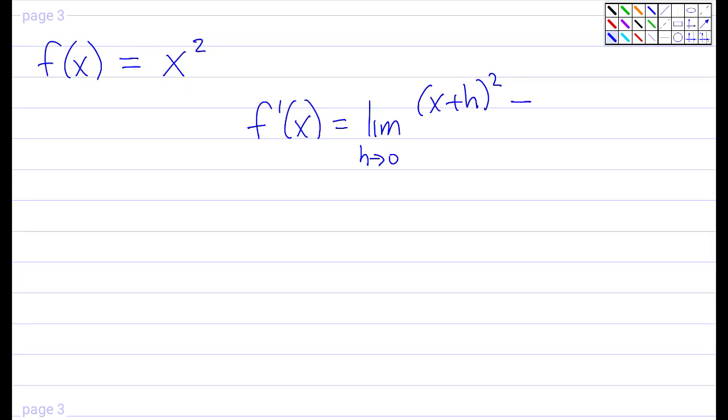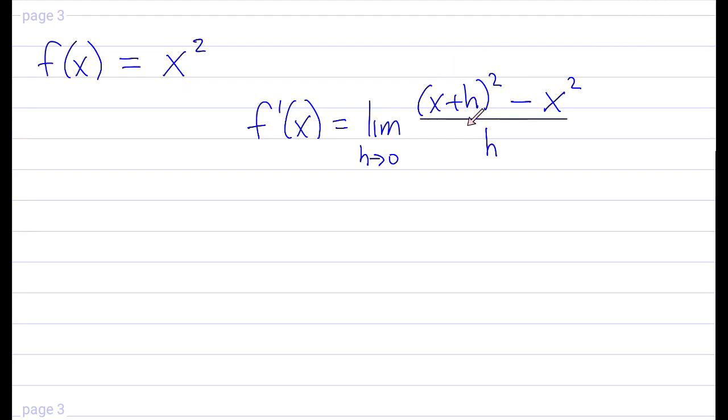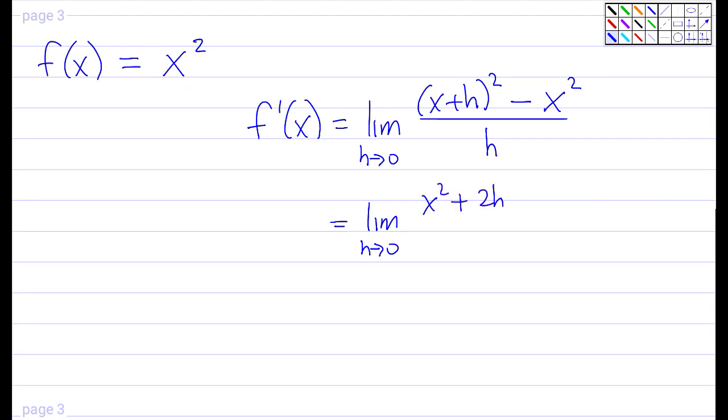Minus f of x, well, that's just x squared, all over, as usual, all over h. Okay, I'm hoping that you can FOIL this out pretty easily for yourself. We're going to get limit h goes to 0, x squared plus 2hx plus h squared minus x squared, and that, as usual, all over h.